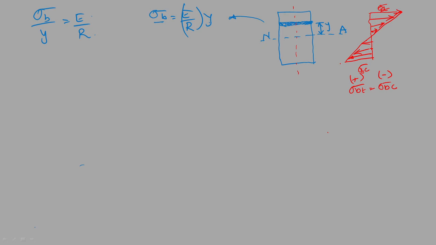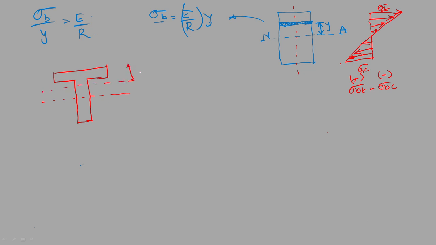Suppose you take an example of a T section. Now I'll draw the T section here. About the horizontal neutral axis, it may not be symmetric. So this neutral axis may come closer to the top flange.